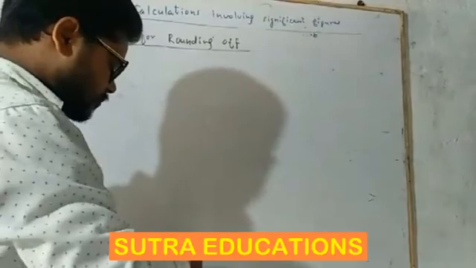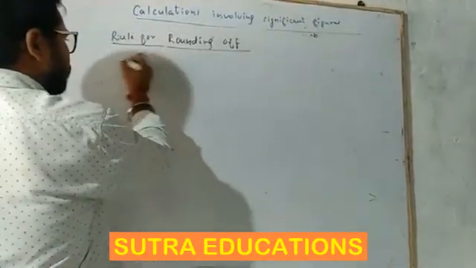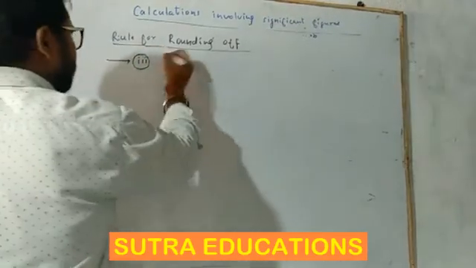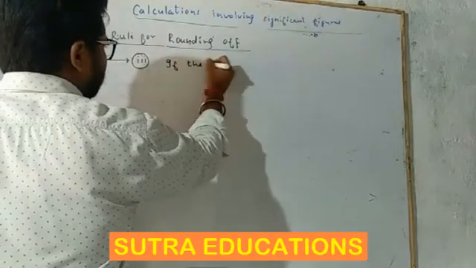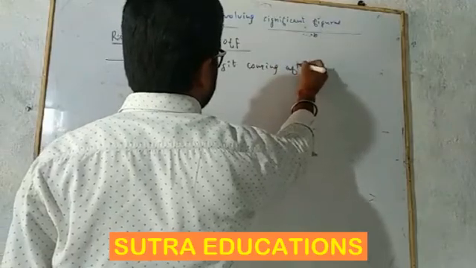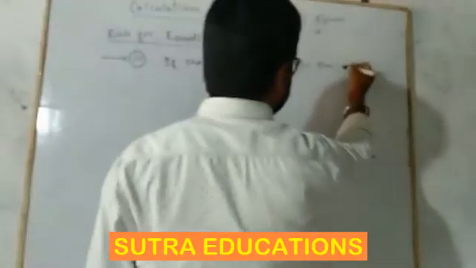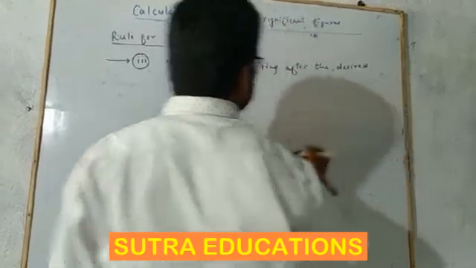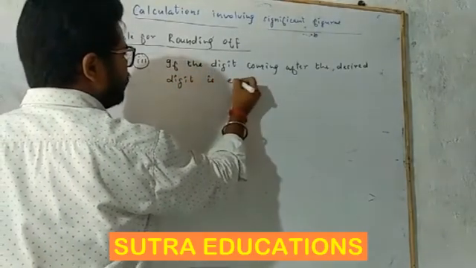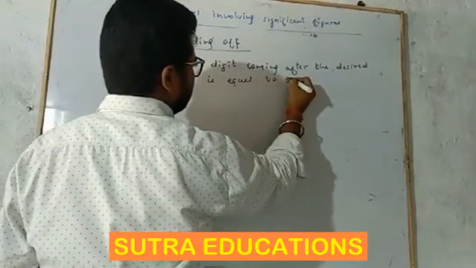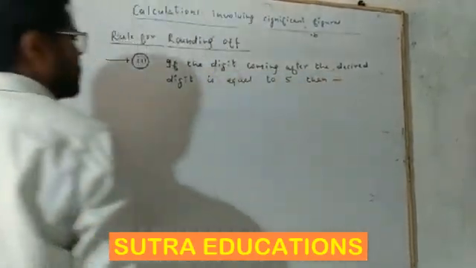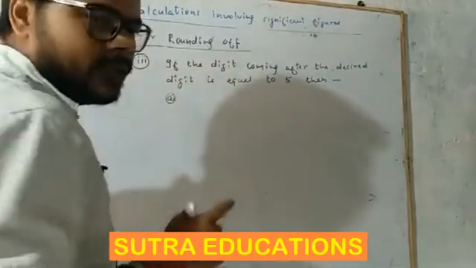Third rule is: if the digit coming after the desired digit is equal to 5, then rule number A, okay.